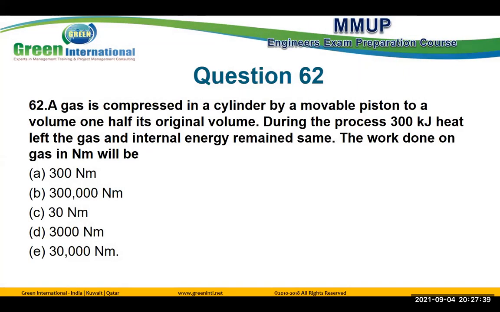A gas is compressed in a cylinder by a movable piston to half its original volume. During the process, 300 kilojoule of heat left the gas, and the internal energy remains the same. The work done on the gas in Newton meter will be?